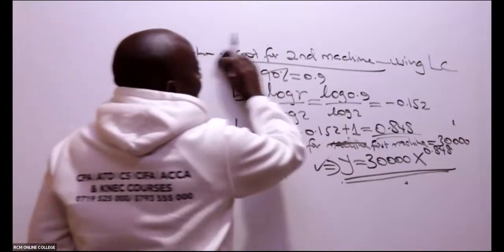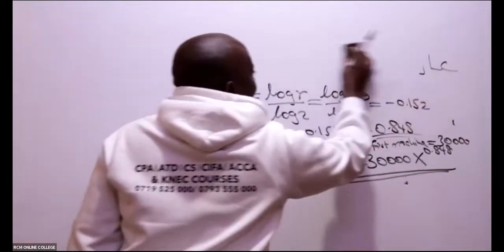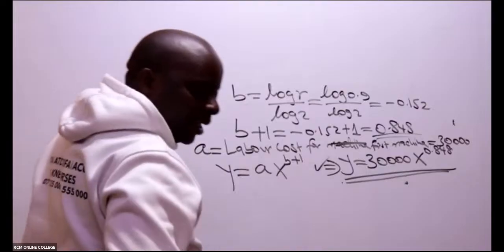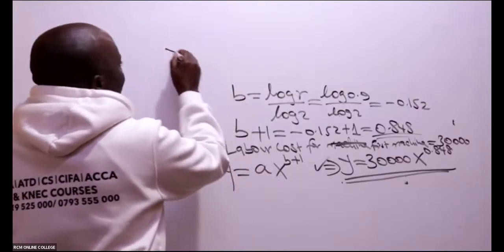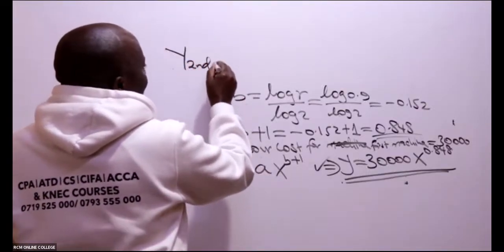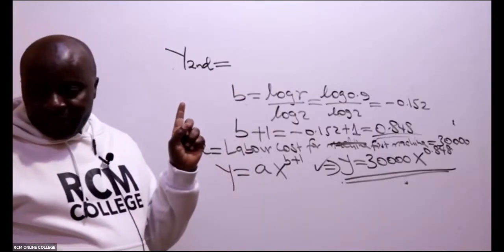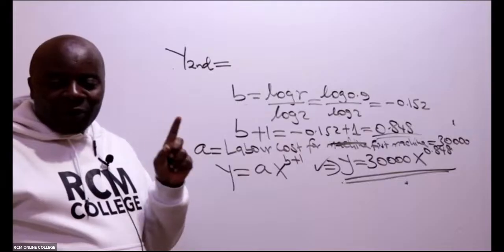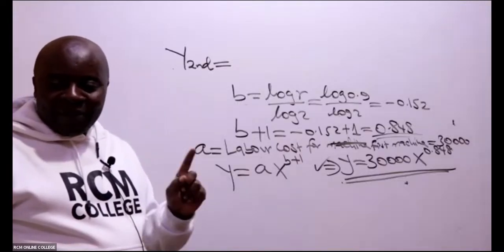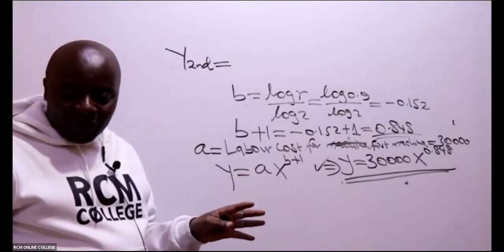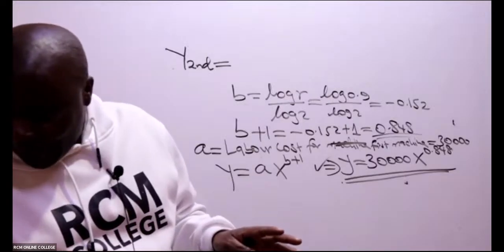So this has to be expanded. So they want labor, which is Y, for the second machine. So somebody who expanded said what minus what. Even if you got it right, I would want you to listen to me very carefully because we must be on the same page.